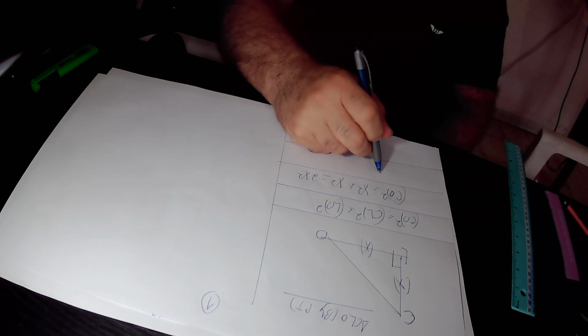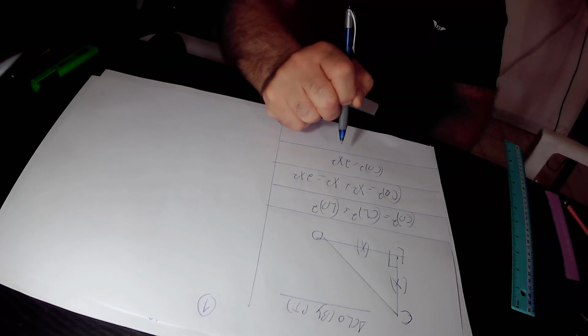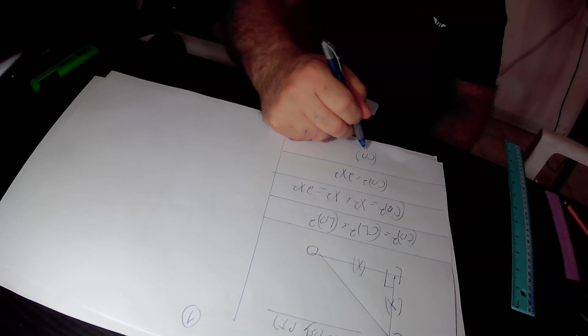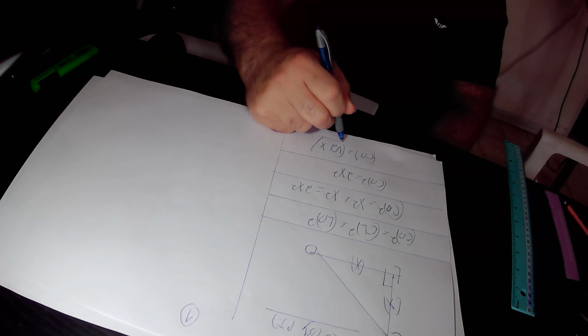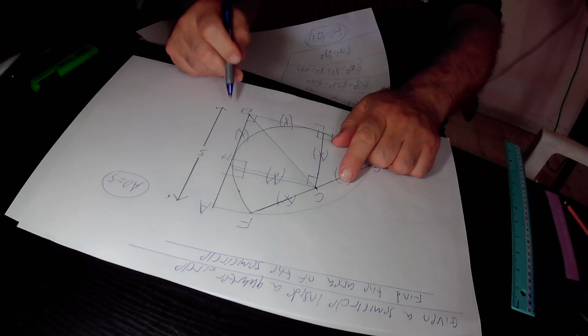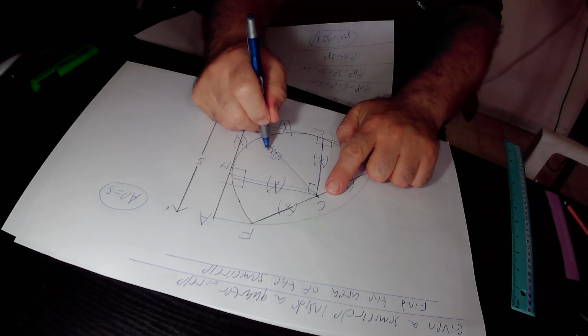Here we take a root of this equation and find that CO equals the square root of 2 times X units in its length. So here, this is OC, that equals the square root of 2 times X units in its length.